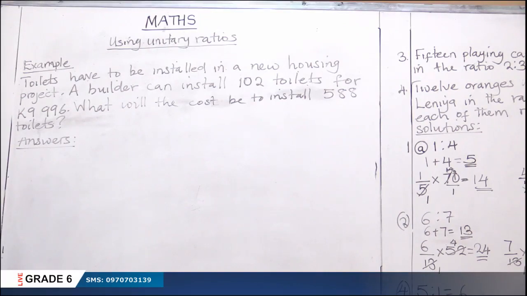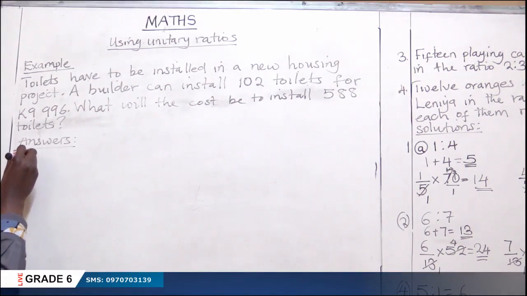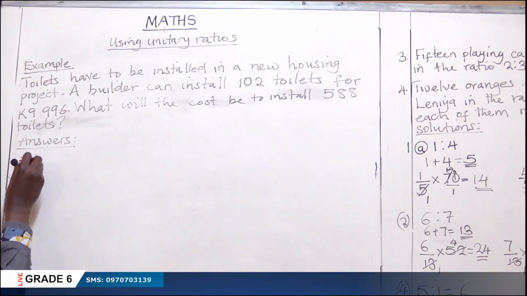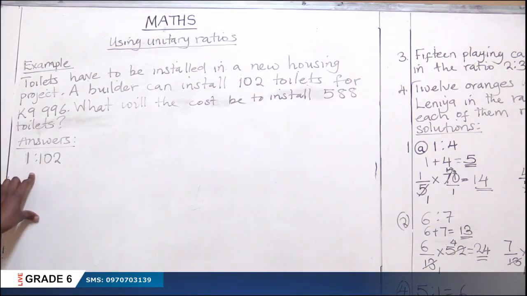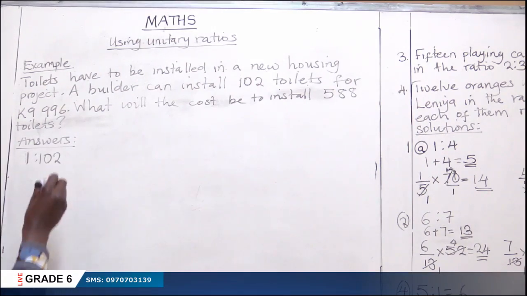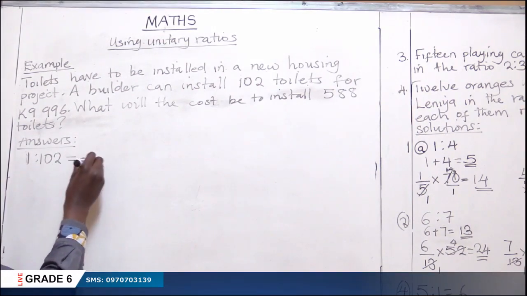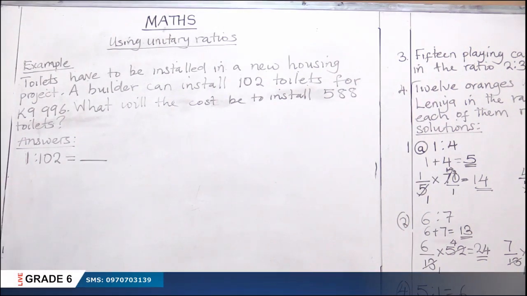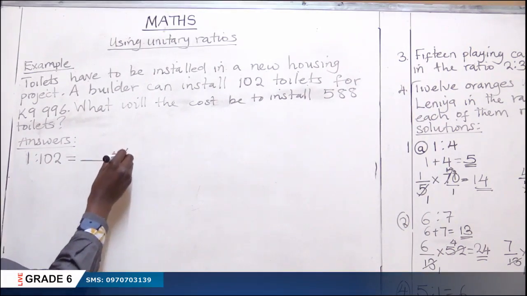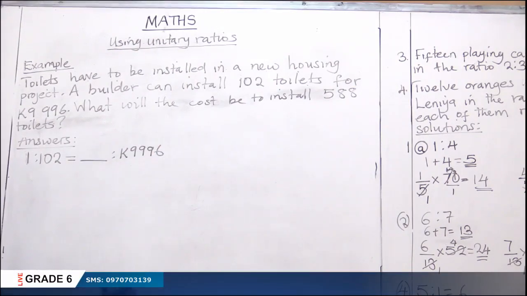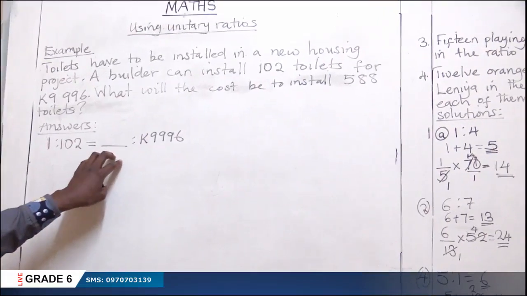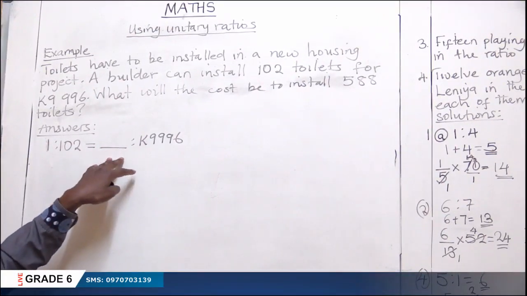So what we are going to say, one toilet to 102 is equal to dash, to 9,996 kwacha, because we don't know the total amount.